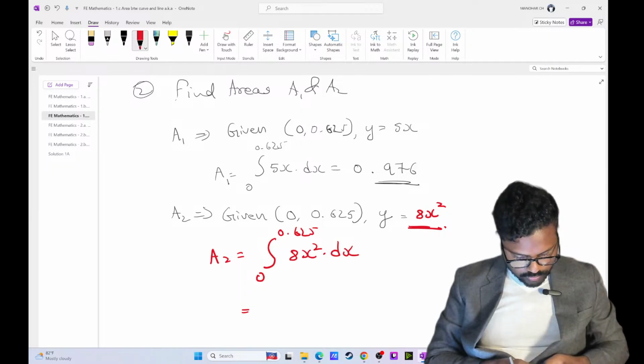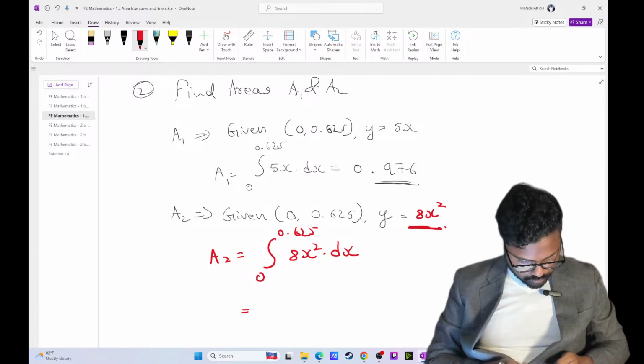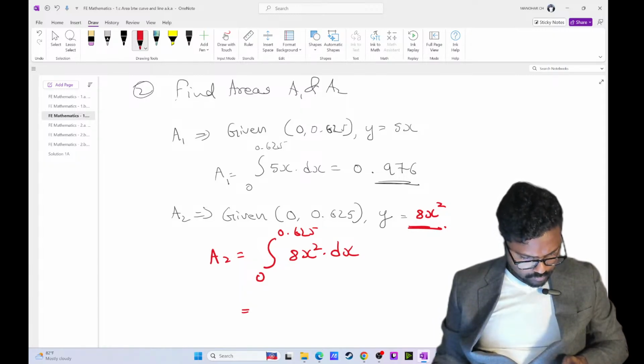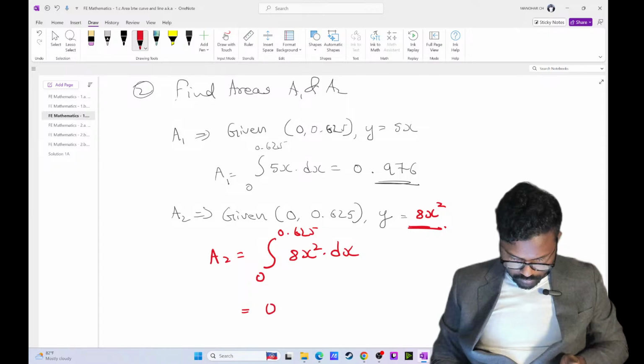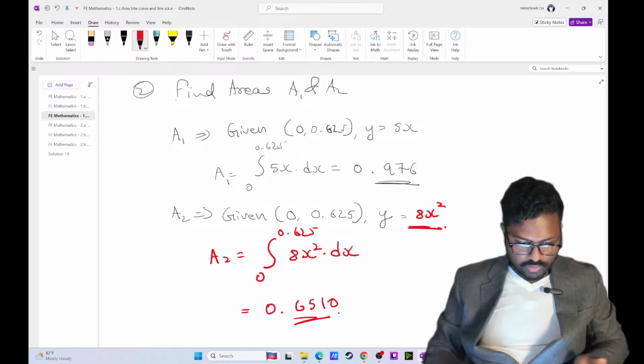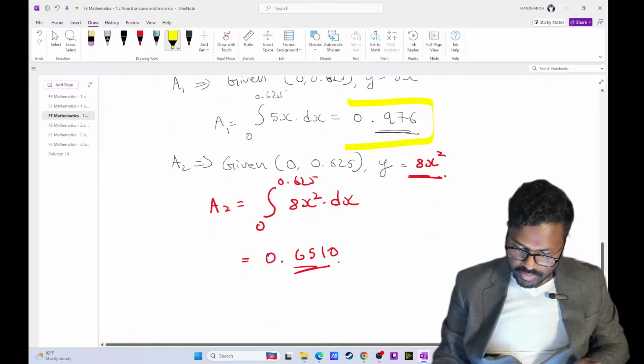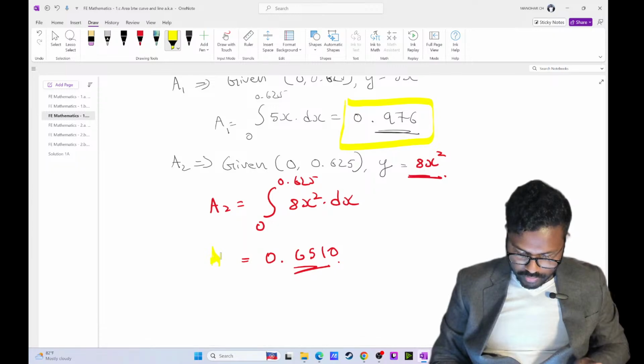Zero to 0.625, 8x square. 0.6510. So that is the value of our A2. So now we know both the values of A1 and A2.